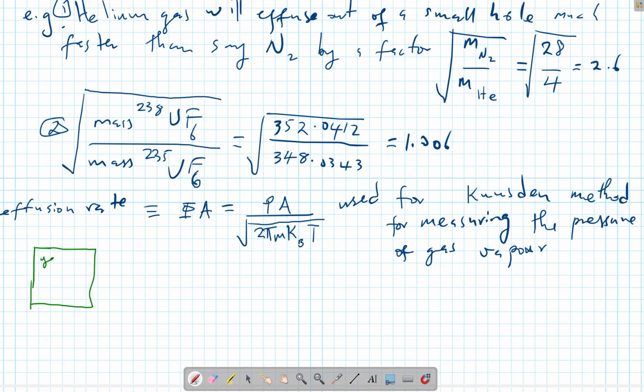So there is gas vapor somewhere here, and there is a liquid from which the gas vapor is being produced, and then we want to construct a little hole here such that the gas vapor molecules effuse out of the hole.